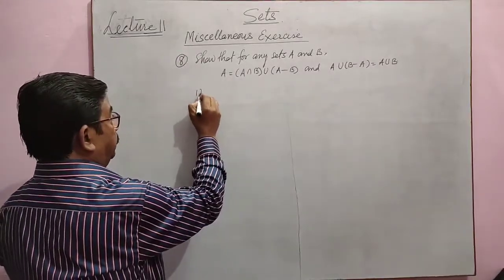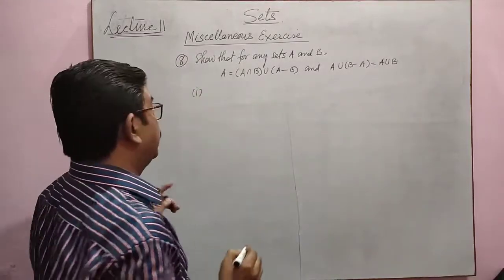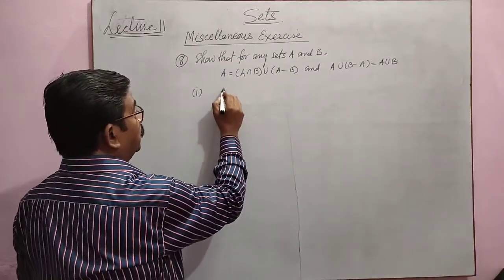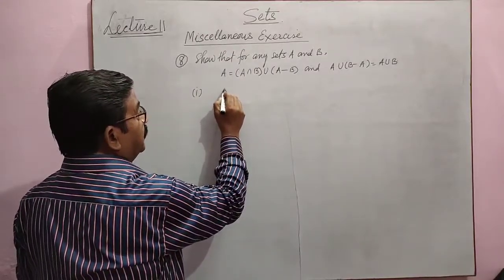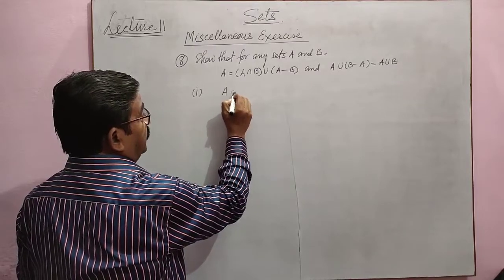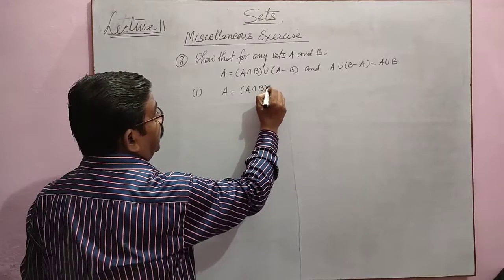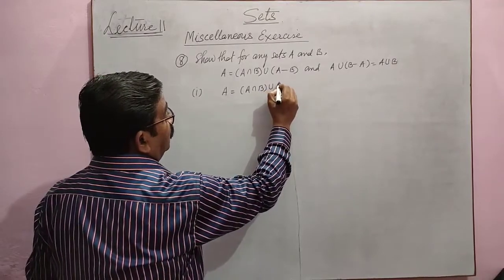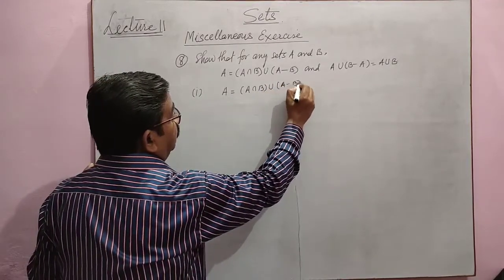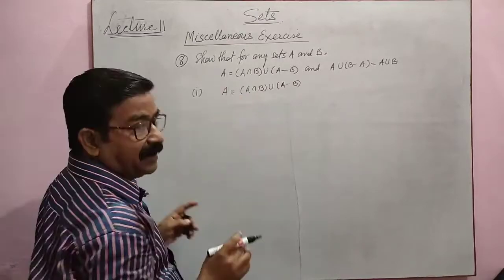Taking first part. A is equal to A intersection B union A minus B. So I am taking right hand side.